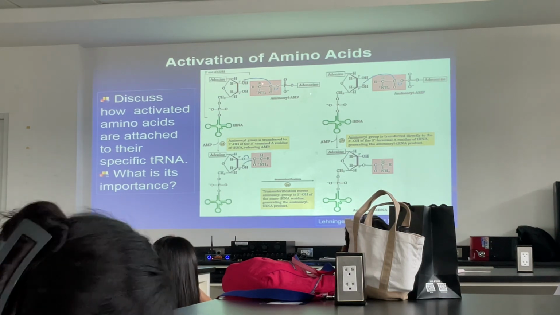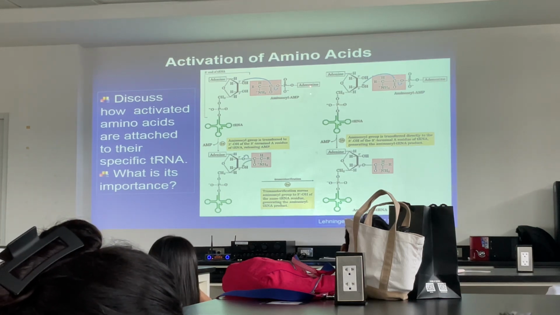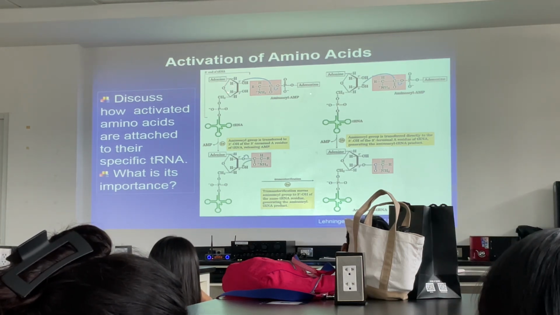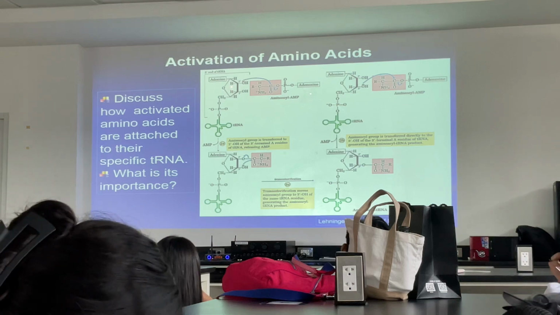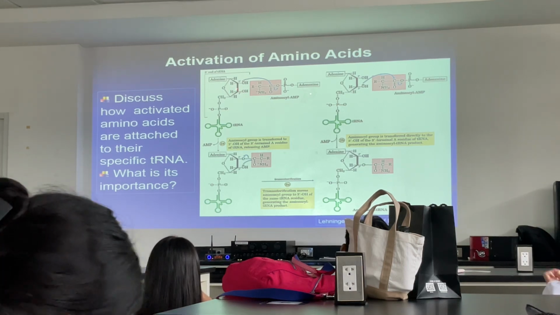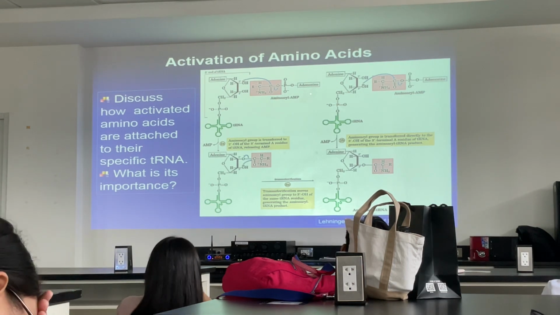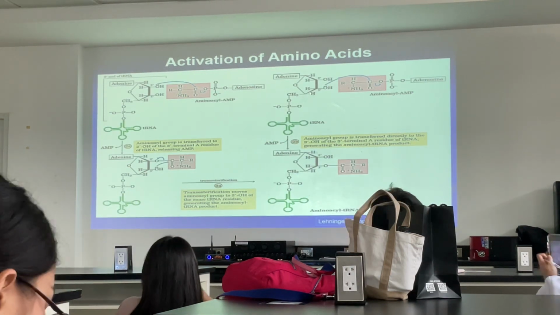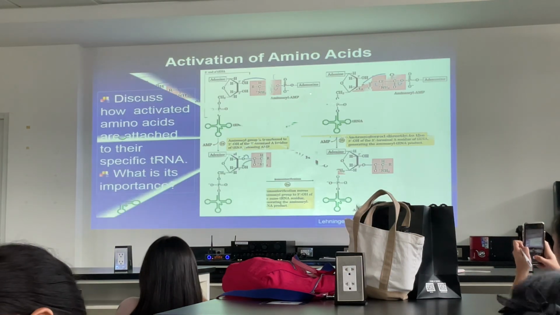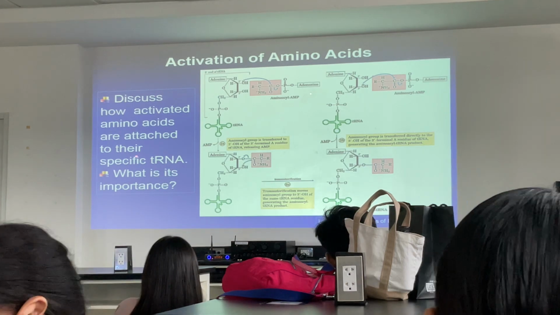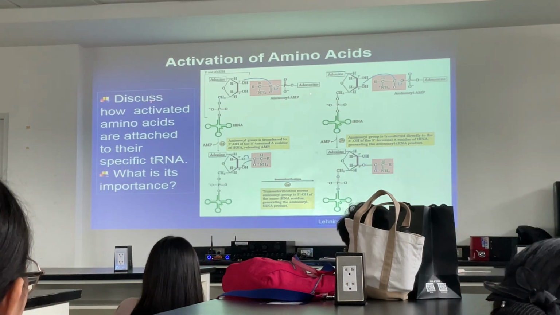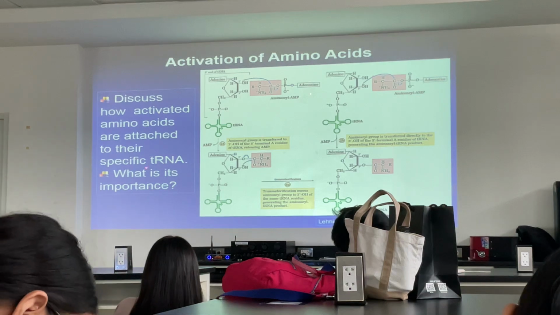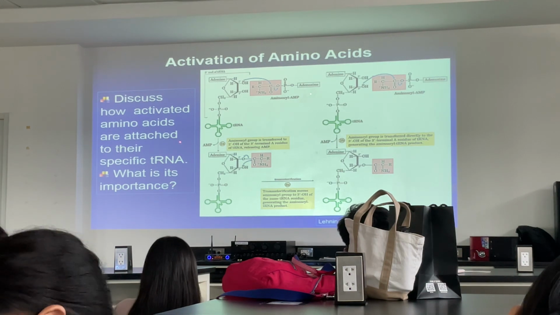This is the amino acid, adenosine monophosphate. You have the ribose sugar here. We look at this next slide to be able to see everything. Sorry. First, let's talk about the importance of attaching the activated amino acid to their specific tRNA.